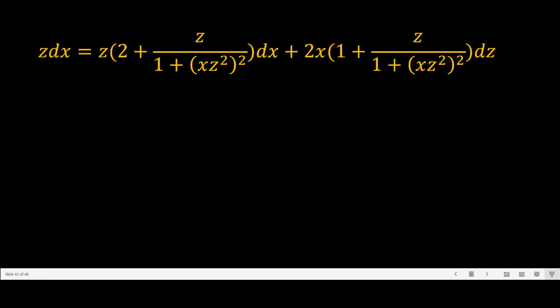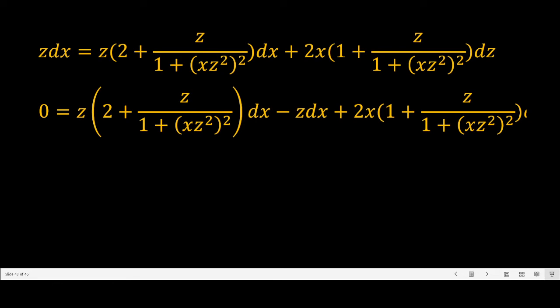For the next step, we need to factor out z and x from the right side of this equation. And if we move the left side to the right side and factor out z again, we will have this equation.